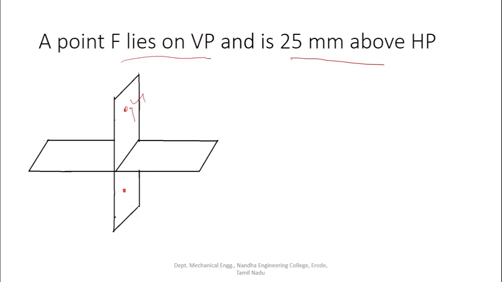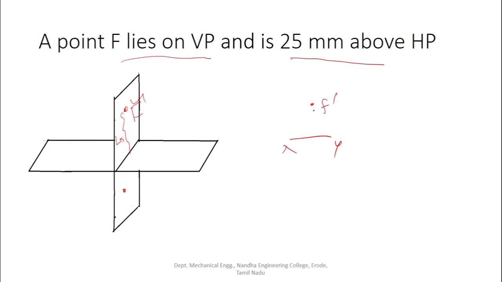So this is the point F, which is exactly lying over the VP, and the point is 25 mm above HP. To draw the front view, as a projection of the front view, we can see the distance between the HP and the point. So what is the location of the point with respect to HP? 25 mm above HP.